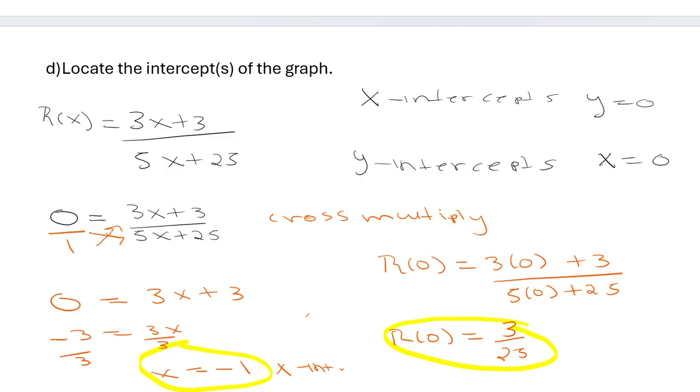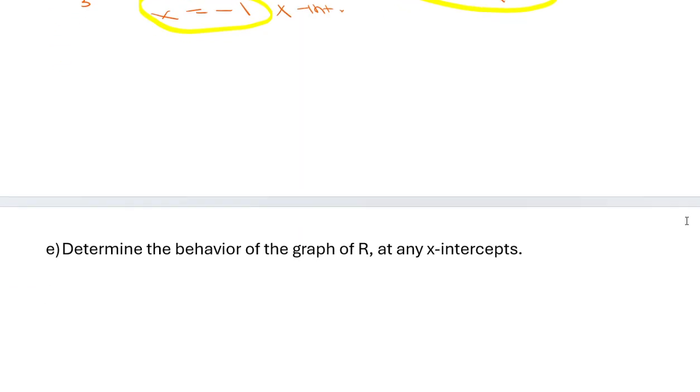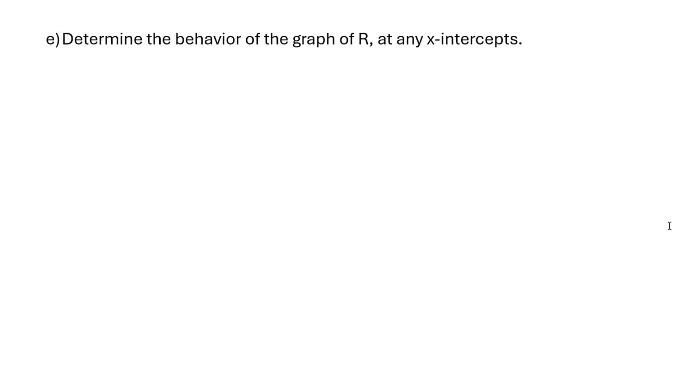Let's see the next part. Determine the behavior of the graph of R at any of the x-intercepts. Again, I'm just going to write this down so we can see it. This is the function that we are working with, (3x plus 3) over (5x plus 25).